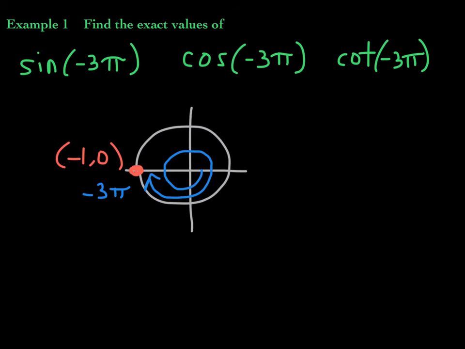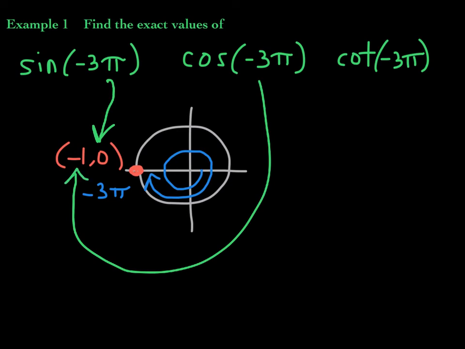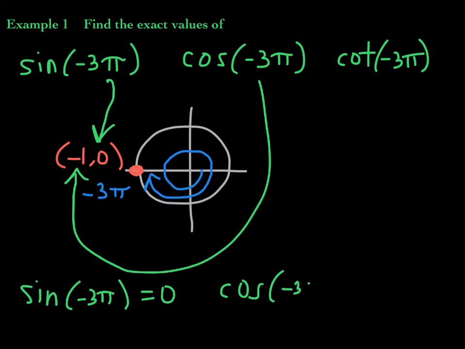So therefore, sine of negative 3 pi is equal to 0. Cosine of negative 3 pi is equal to negative 1.